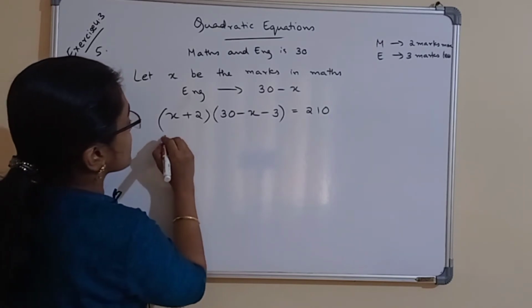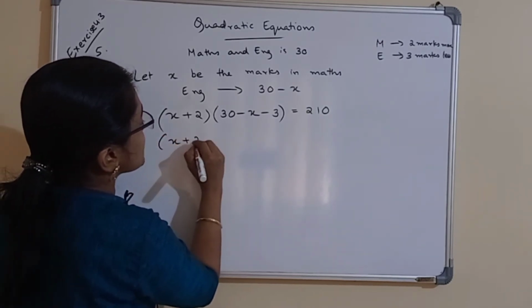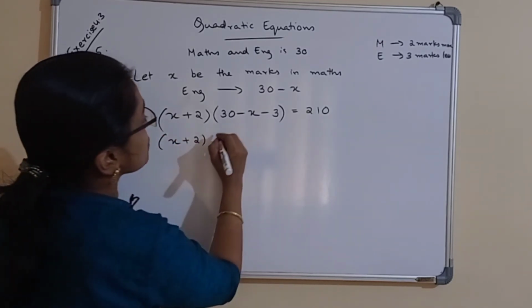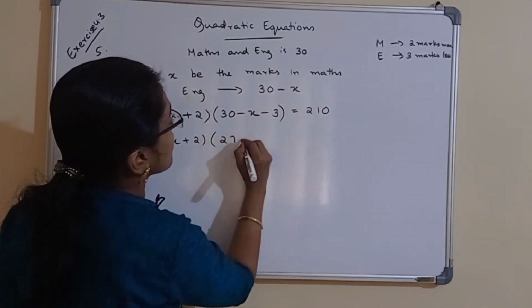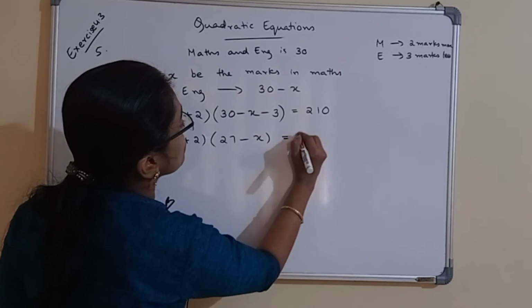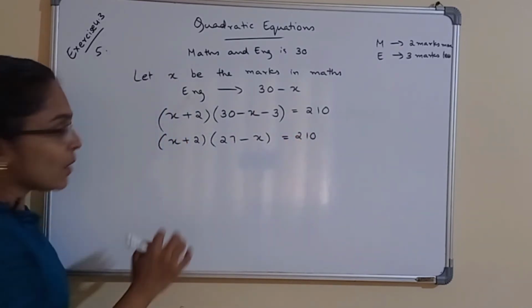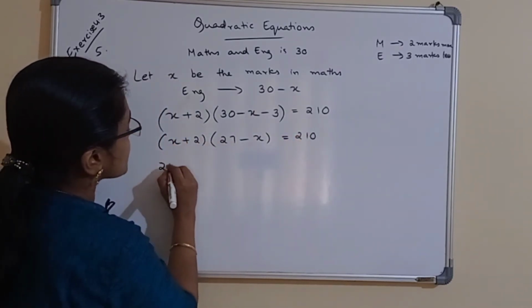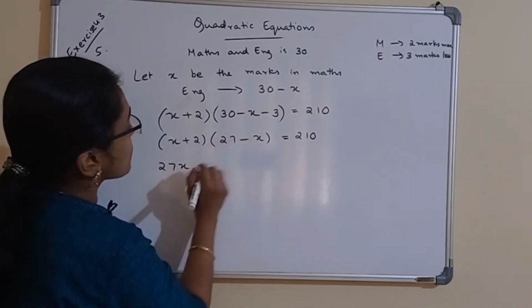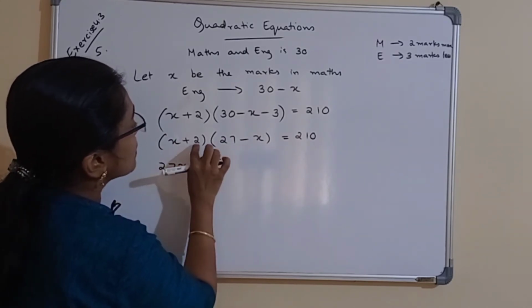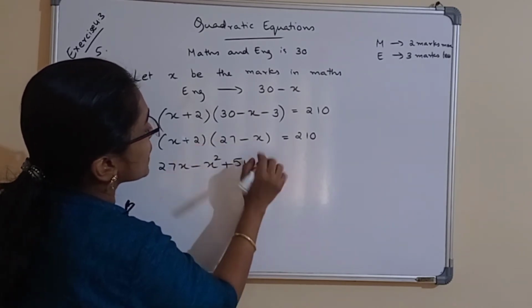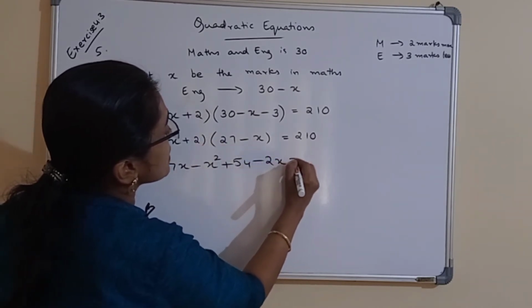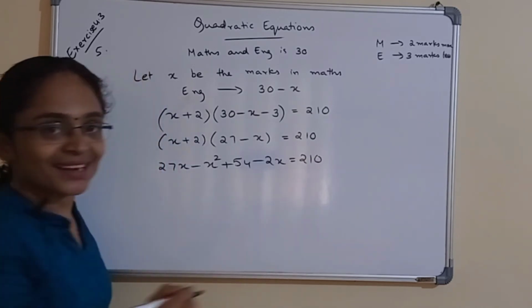Now we can solve this. We get x plus 2 into 30 minus 3, which is 27 minus x, is equal to 210. Now x into 27 is 27x, x into minus x is minus x square, 2 into 27 is 54, 2 into minus x is minus 2x, equal to 210.